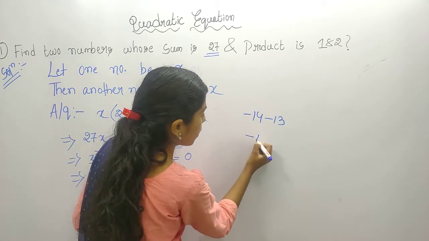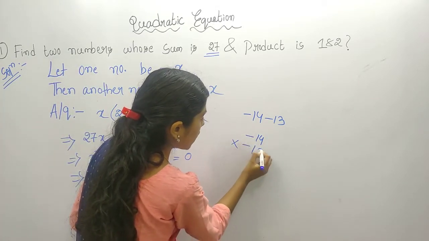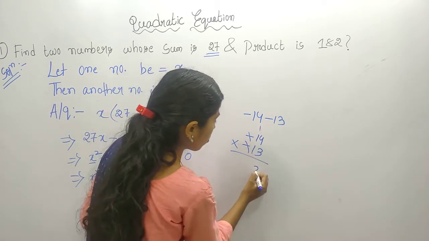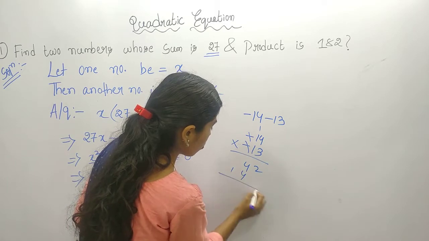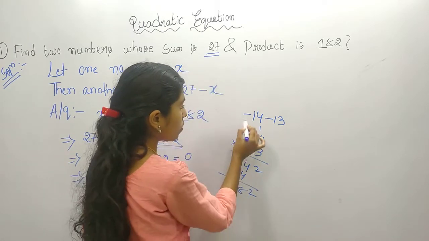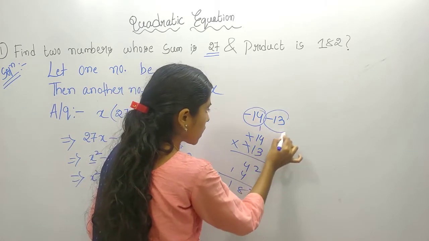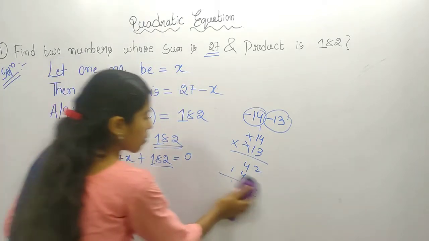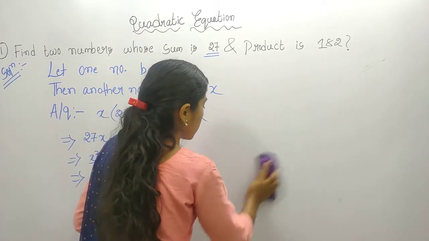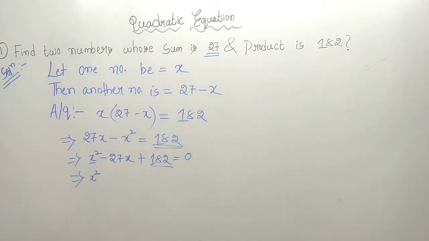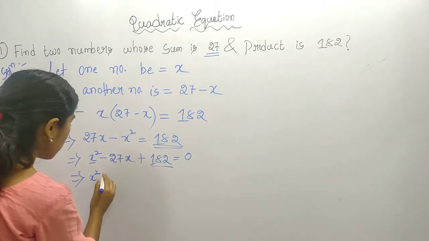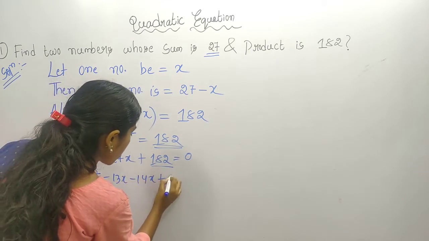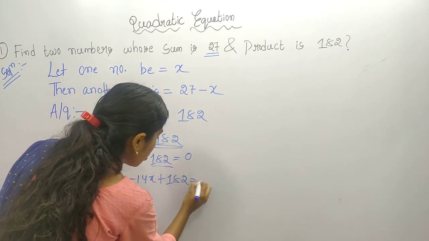Minus 14 into minus 13: minus and minus cancel, so 182 came. So minus 14 and minus 13 are the perfect numbers. So let's take minus 14 and minus 13 for factorization. Here it will happen: x square minus 13x minus 14x plus 182 equals 0.